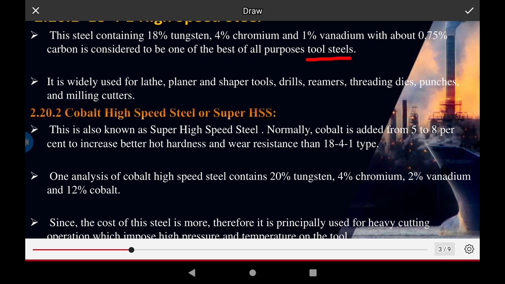It is widely used for lathe, planer and shaper tools, drills, reamers, threading dies, punching and milling cutters.